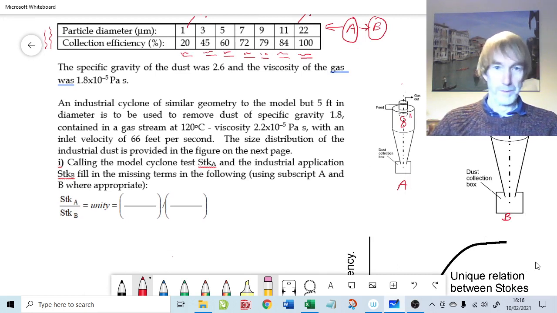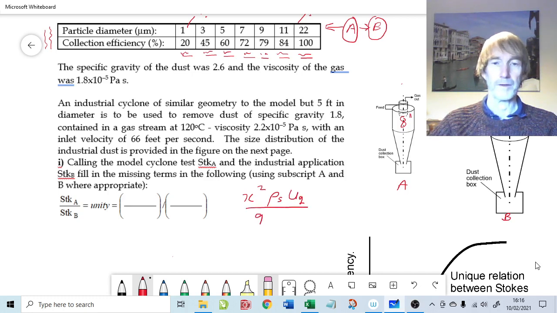It's all about Stokes number, and a good starting point would be to write down what the Stokes number is. The Stokes number is particle diameter squared, the density of the solid and the velocity of the gas, the inlet velocity of the gas, and that's all divided by 9 times the viscosity of the fluid and the diameter, and I've just referred to these diameters as 8-inch and 60 inches.